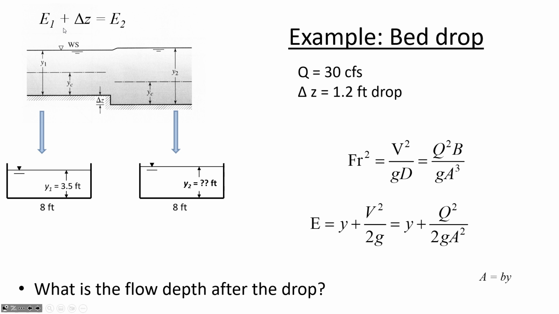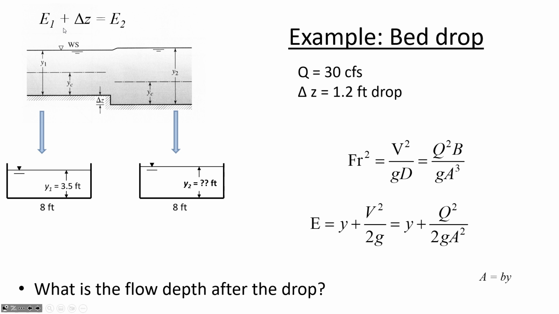We've got y1 plus v1 squared divided by 2g plus delta z is equal to y2 plus Q squared divided by 2g A squared.